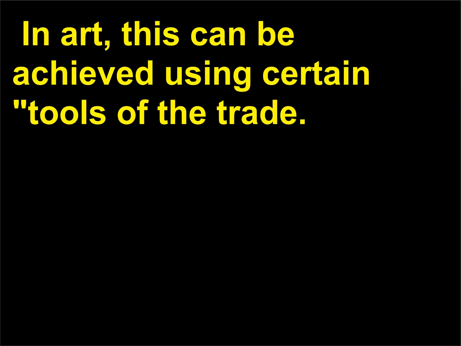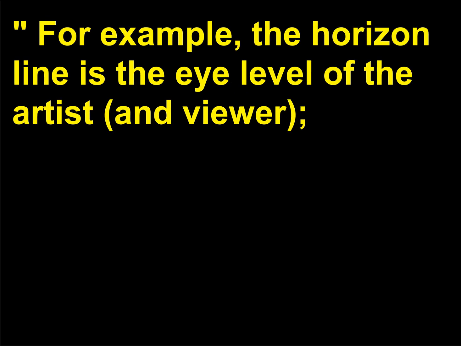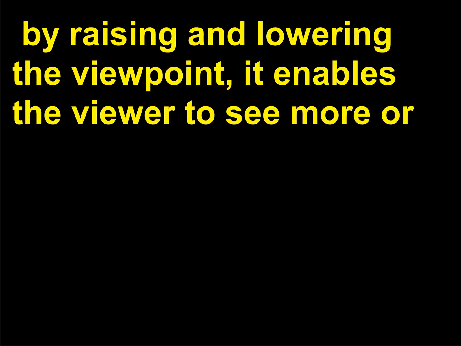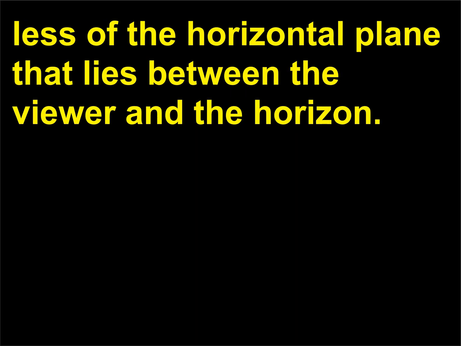In art, this can be achieved using certain tools of the trade. For example, the horizon line is the eye level of the artist and viewer. By raising and lowering the viewpoint, it enables the viewer to see more or less of the horizontal plane that lies between the viewer and the horizon.